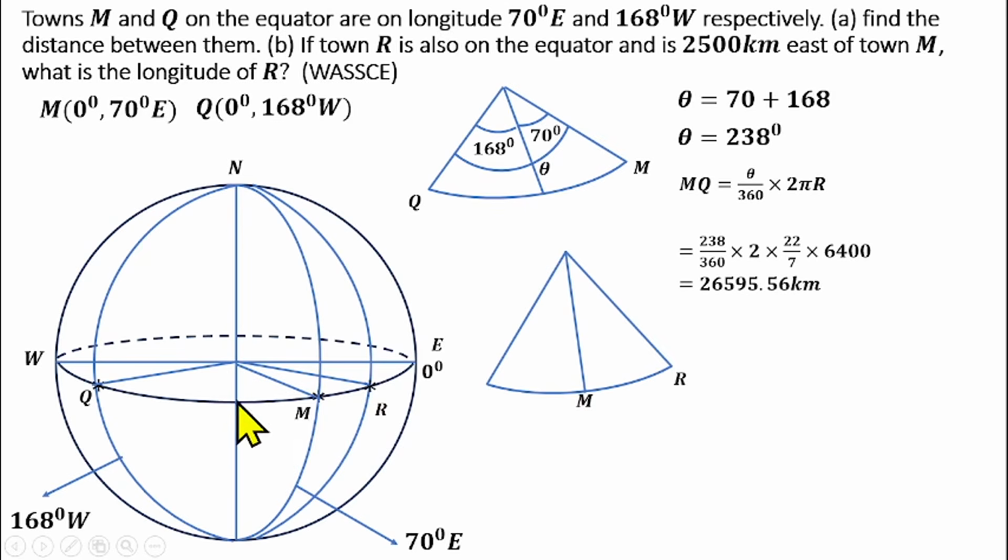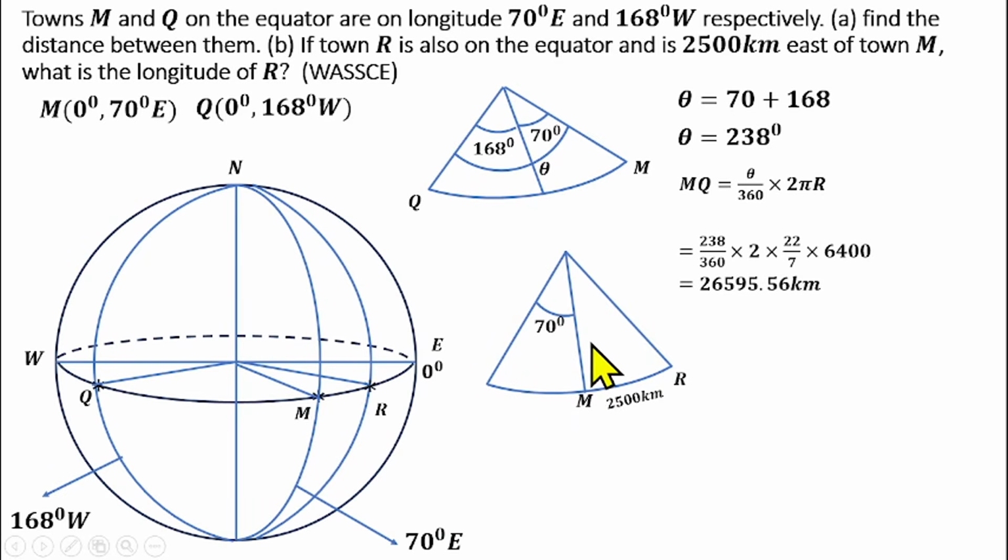Then from the origin to point M here, what is the angle that is there? That should be that longitude, which is 70 degrees. We know the distance between point M and R, which is 2,500 kilometers. From the origin, this line here, this radius, to the point M, the angle is 70 degrees, which is the longitude we have here.